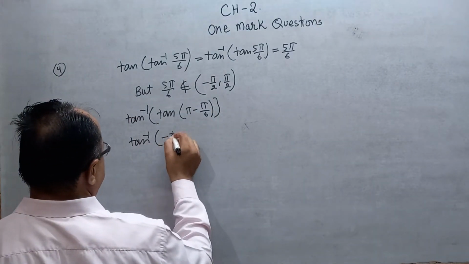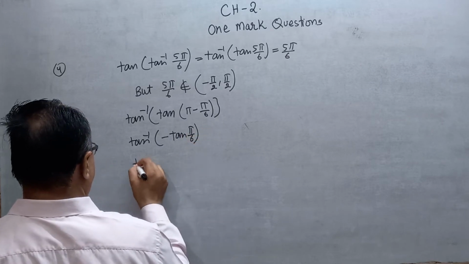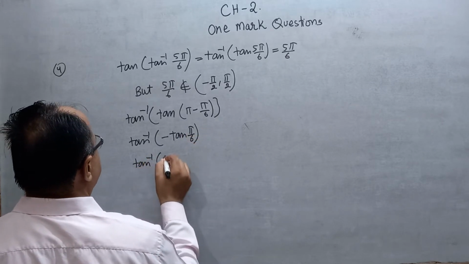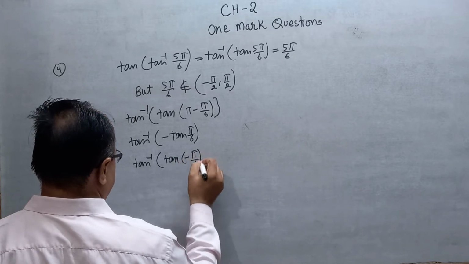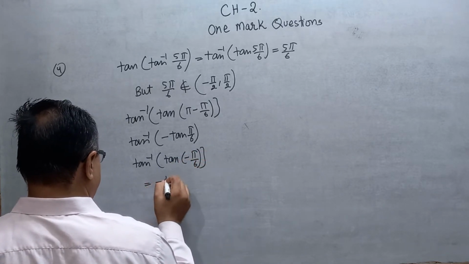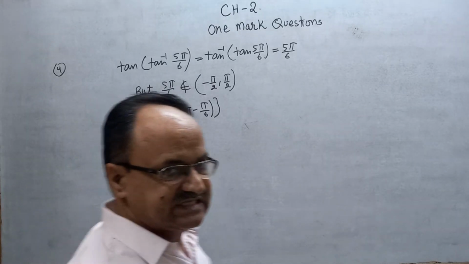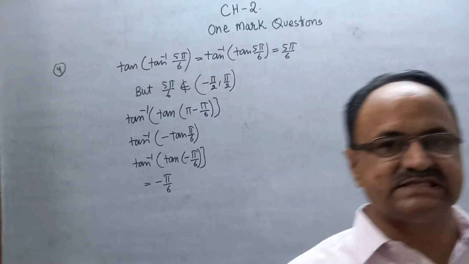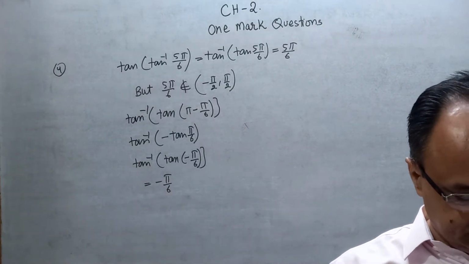Therefore, minus tan pi by 6. And when you simplify, tan of minus pi by 6, it means minus pi by 6. So you can say minus pi by 6 is the principal value of this question. Clear?